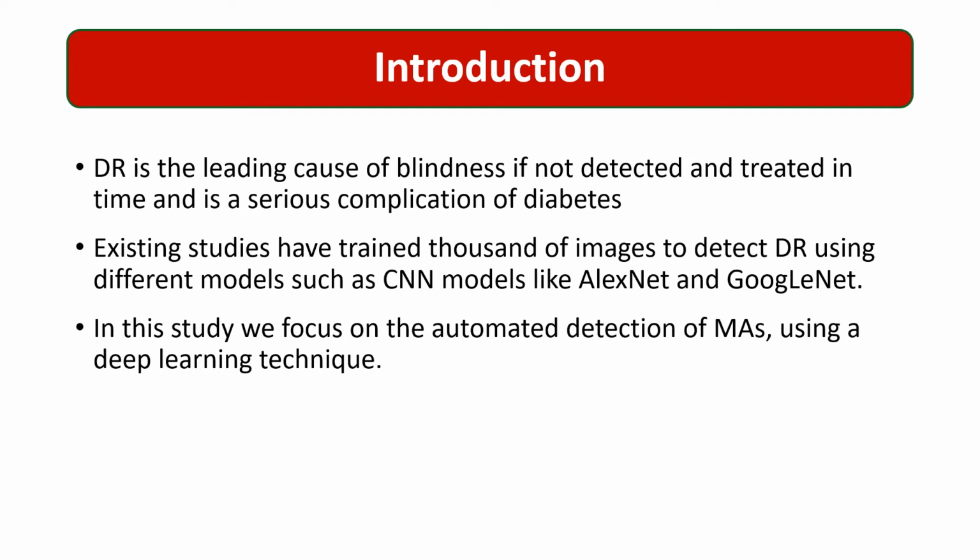Existing studies have trained thousands of images to detect DR using different models such as CNN models like AlexNet and GoogleNet. These models have achieved high performance at detecting DR at its severe stage, but they have not performed well with DR's mild and moderate stages, such as MA, the early sign of DR. In this study, we focus on the automated detection of MAs using a deep learning method.